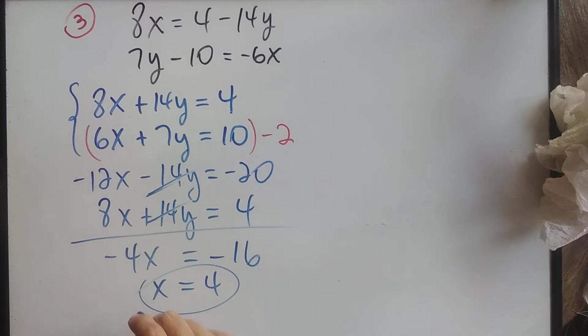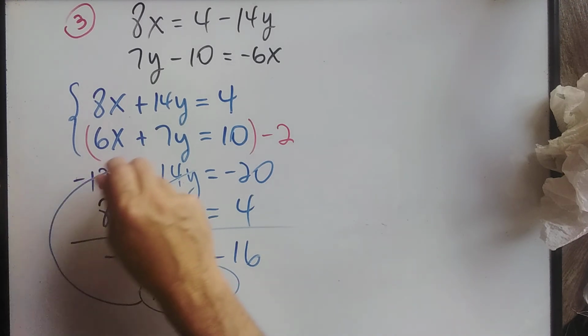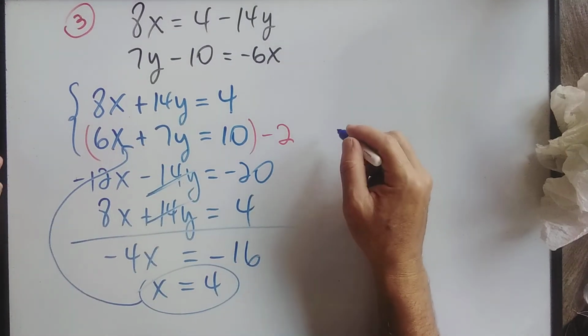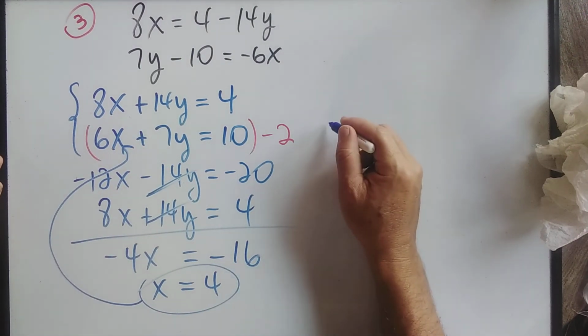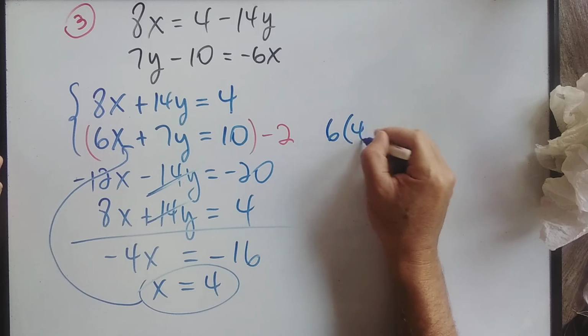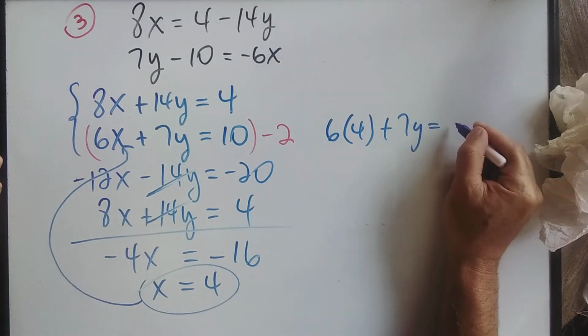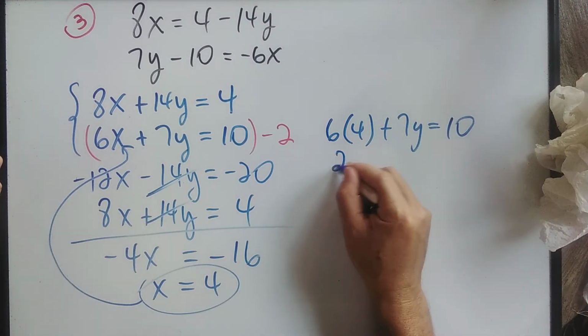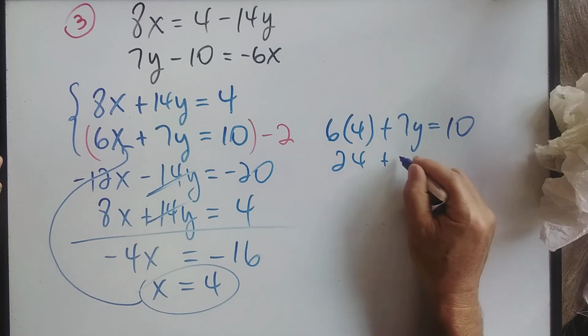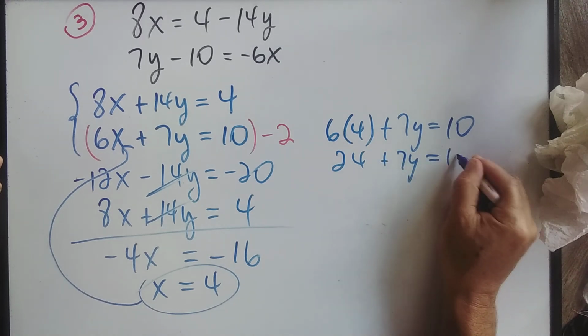Now I'm going to try to get the value of y. So let's plug in the x that I got right here. So I'm going to have 6 times 4 plus 7y equals 10. 24 plus 7y equals 10.